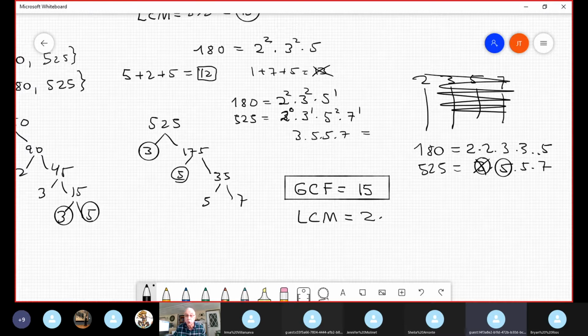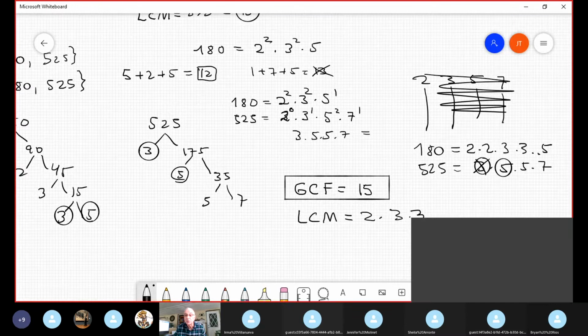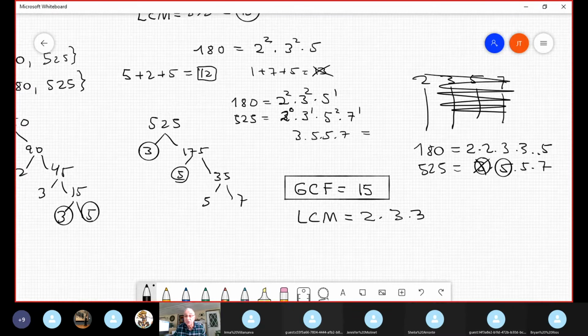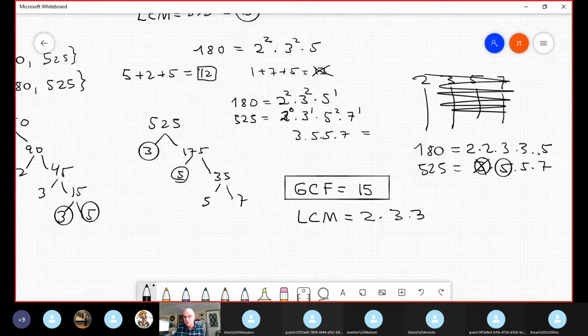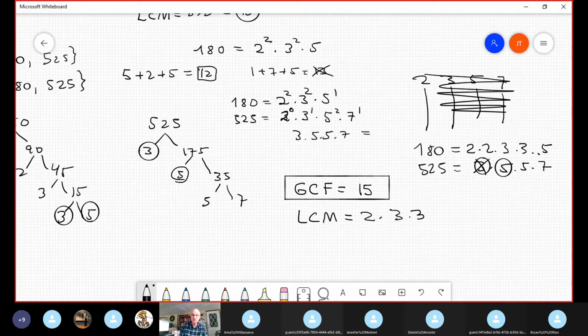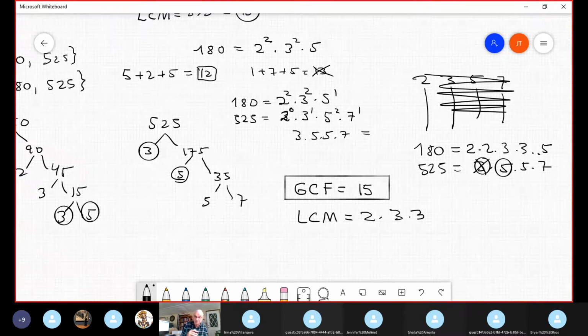Majority, repetition, majority: 3, 3. This is a typical mistake too. No, it's repeated: 180 has 2, 525 has 1. You take the majority and omit the other, because remember, we are finding a big number, but it's the least common, the smaller of the higher.